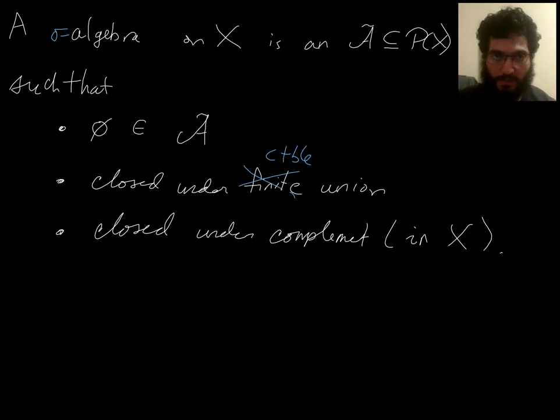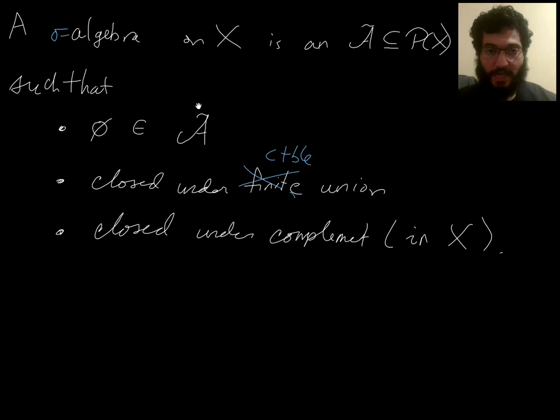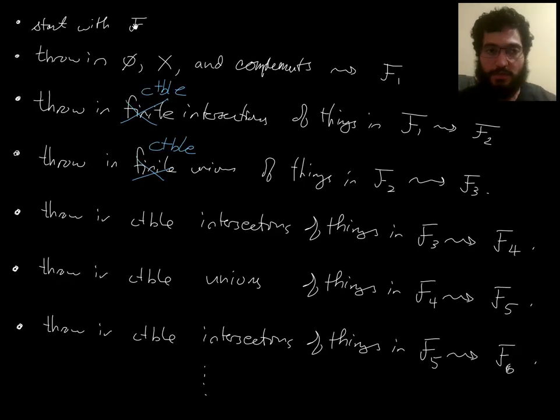So even non-countable unions. If you take a set and try to use it to generate a topology, you can do something like what we started to do here, where you start with your set, throw in the empty set and the full space, and then don't throw in complements, because a topology doesn't want you to be closed under complements necessarily, but throw in finite intersections.